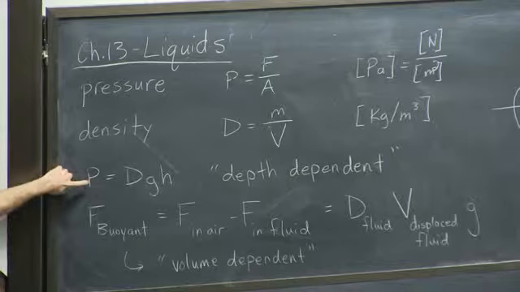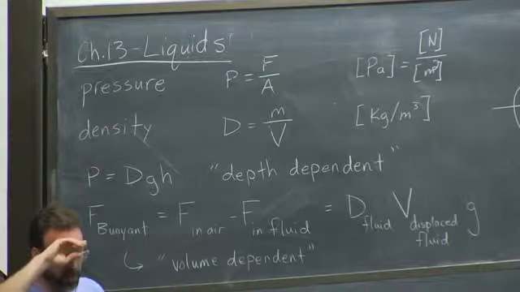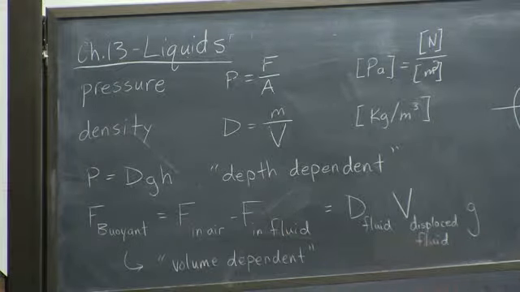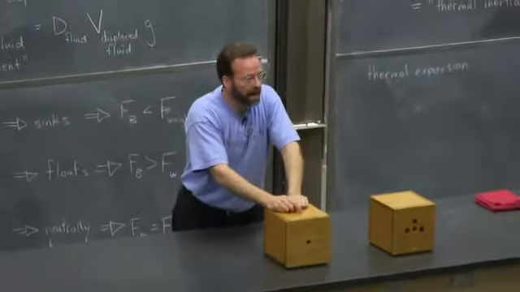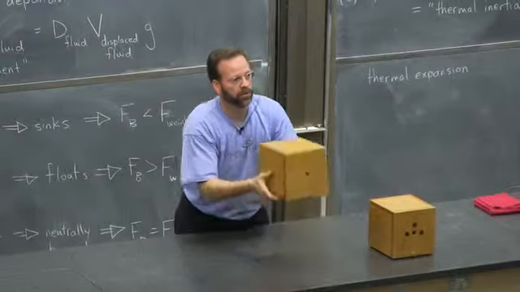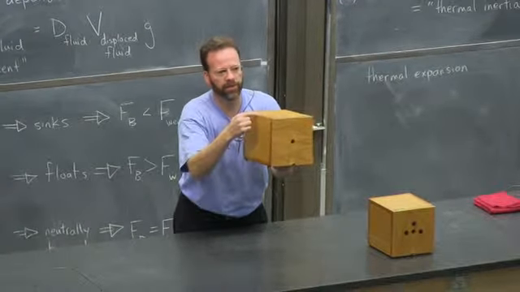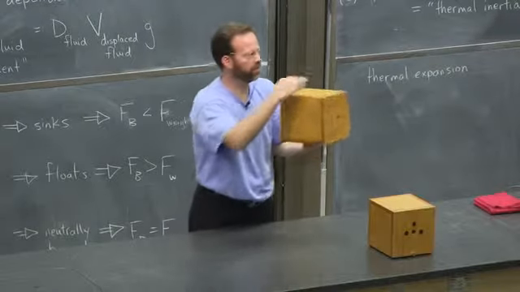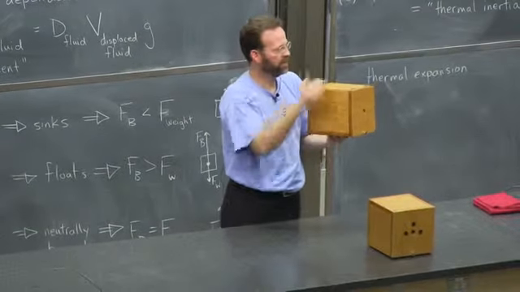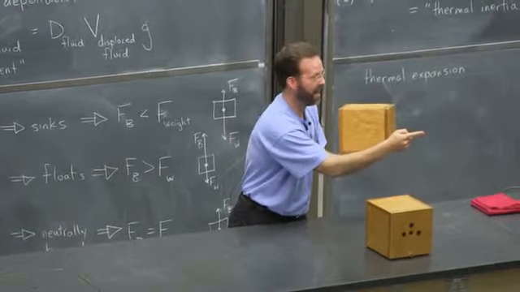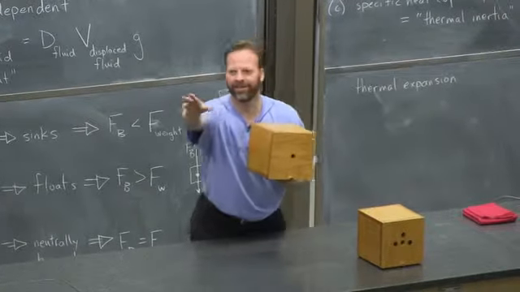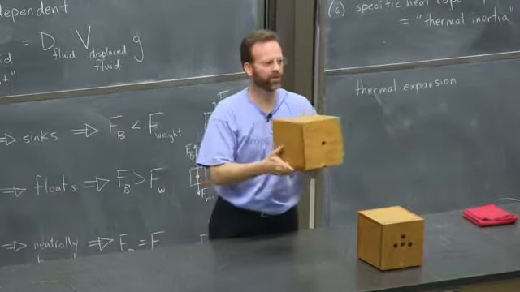Also, while I'm on that, remember sinking and floating. If you got an object like this, it's in the atmosphere. There's a little more air acting on the bottom of this box because it's deeper in the atmosphere than the top. So there's a little difference in pressure from the top to the bottom. And that difference yielded, I heard it, buoyancy, the buoyant force.